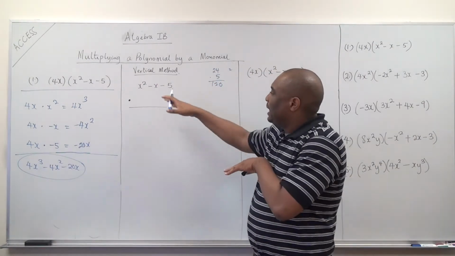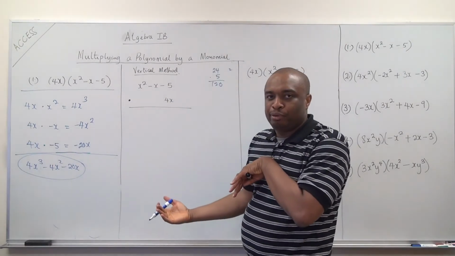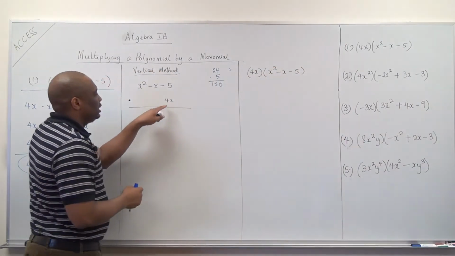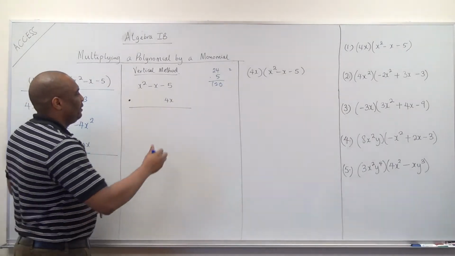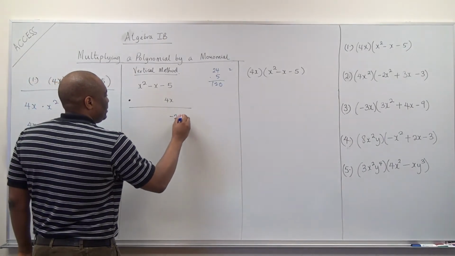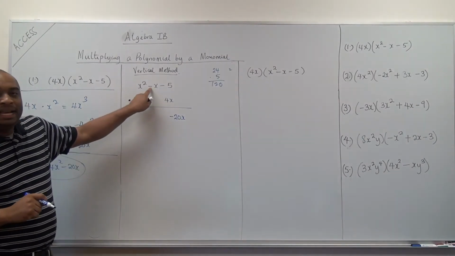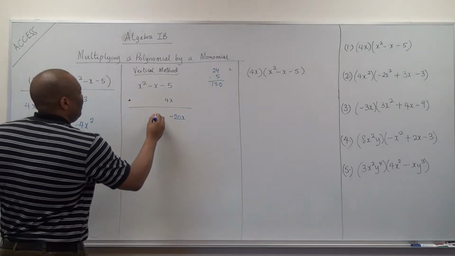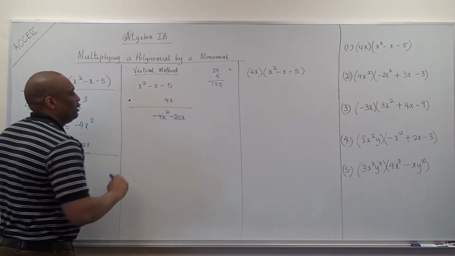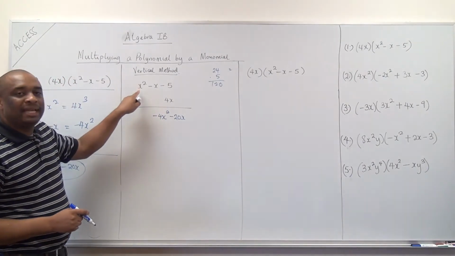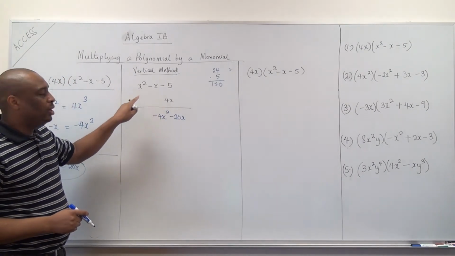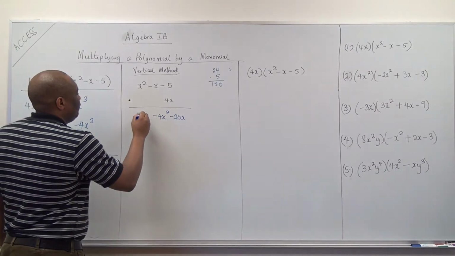In this case, it follows the same approach. So we just do 4x times negative 5 gives us negative 20x. We write it like that. Then 4x times negative x will give us negative 4x squared. Then 4x times x squared will give us positive 4x cubed.